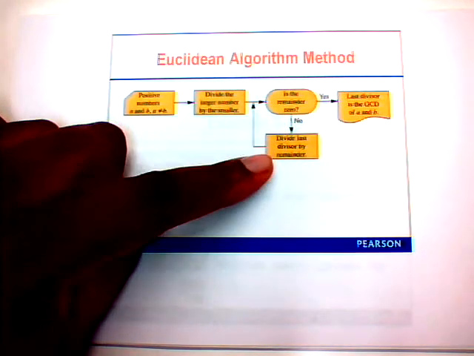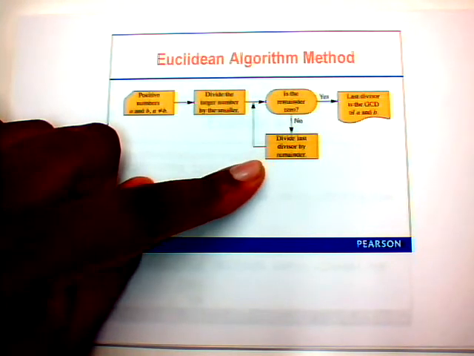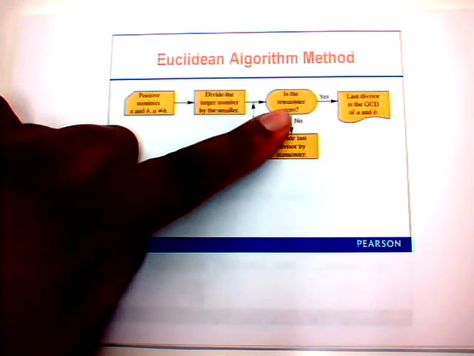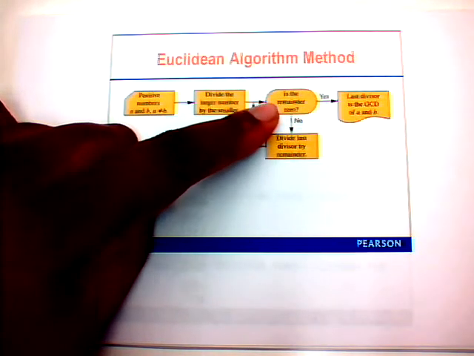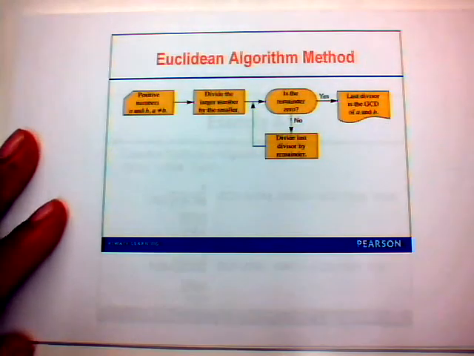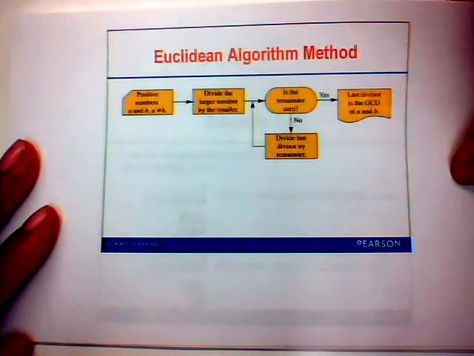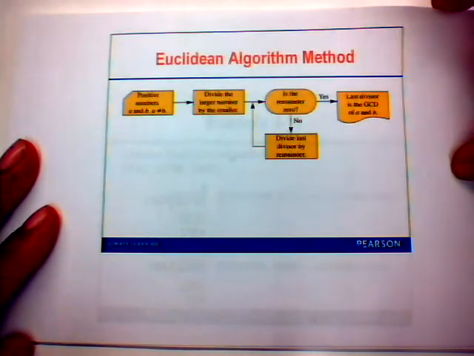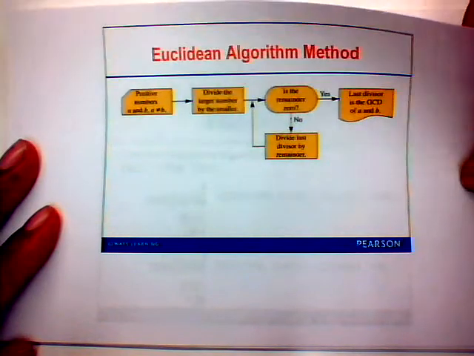If it's not, then you're going to divide the last divisor by the remainder. And you'll continue this process until the remainder is 0. Once that remainder is 0, then the last divisor is the GCD of A and B. Okay, so this is just pretty much a flowchart of what the Euclidean algorithm method is.